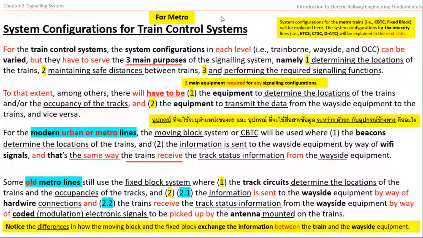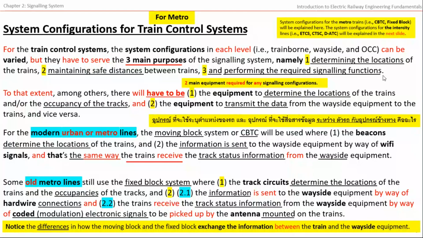As we discussed before, for the train control system, the system configuration in each level, being train-borne, wayside or OCC, can be varied, but they have to serve the three main purposes of signaling system, namely to determine the locations of the trains, secondly, to maintain safe distances between trains, and to perform the required signaling functions.